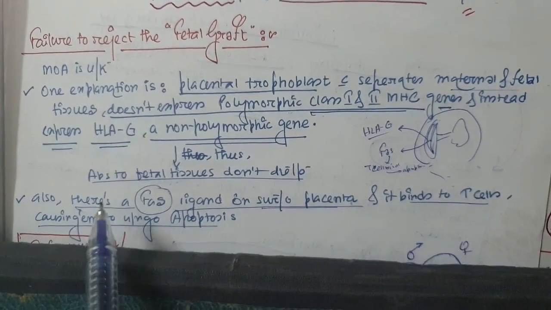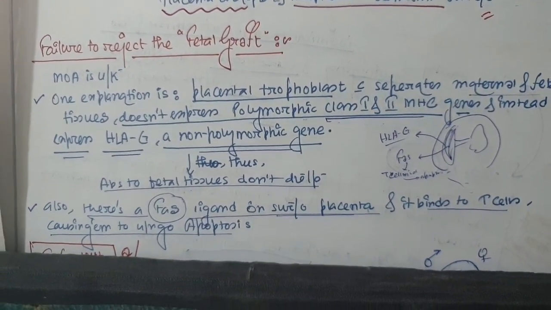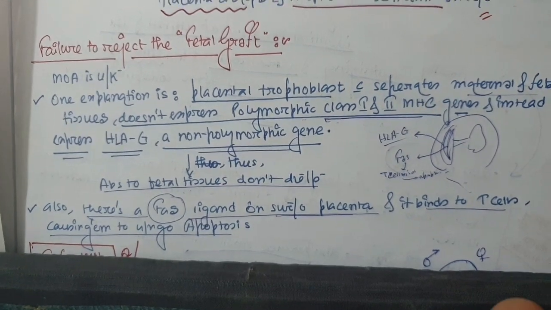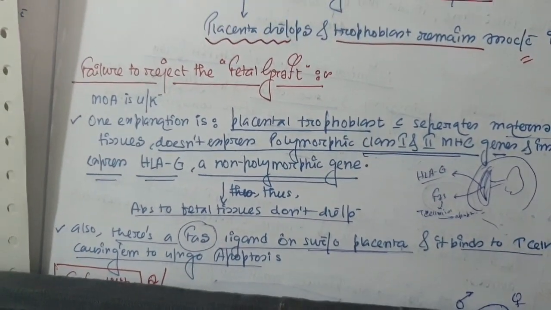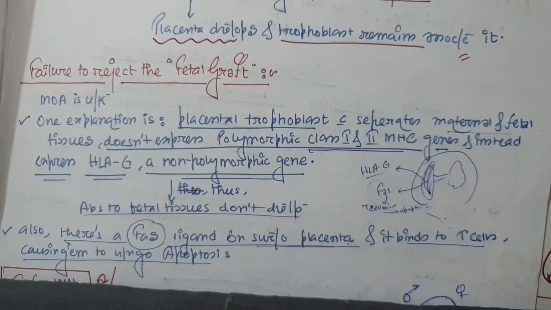Thus antibodies to the fetal tissues never develop. Whenever no antibody is produced against an antigen, the immunological process doesn't take place and there is no question of rejection of the fetal graft.